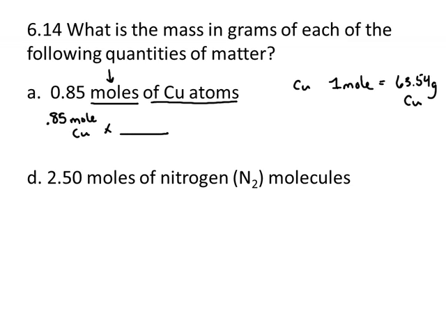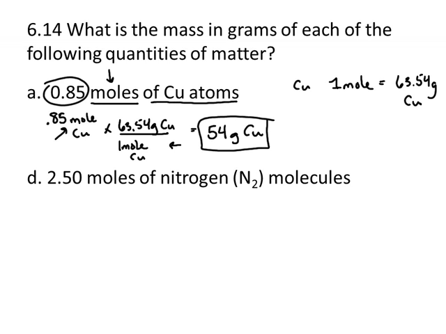And since I have moles here in the top, I must have moles in the bottom of my fraction. So 1 mole of copper to 63.54 grams of copper. And then I do the math. 0.85 times 63.54 gives me, I only can have 2 sig figs because I had 2 sig figs here in my measurement, so 54 grams copper.